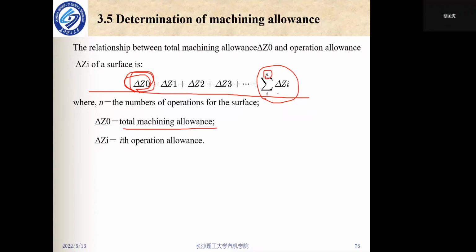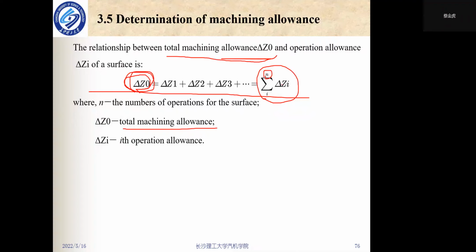So if we want to calculate the total machining allowance, we must know every operation allowance in the machining process, and we add up every operation allowance, and then we will get the total machining allowance.